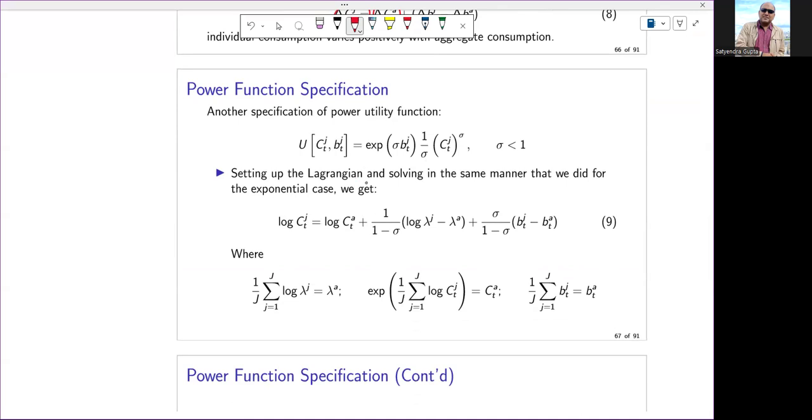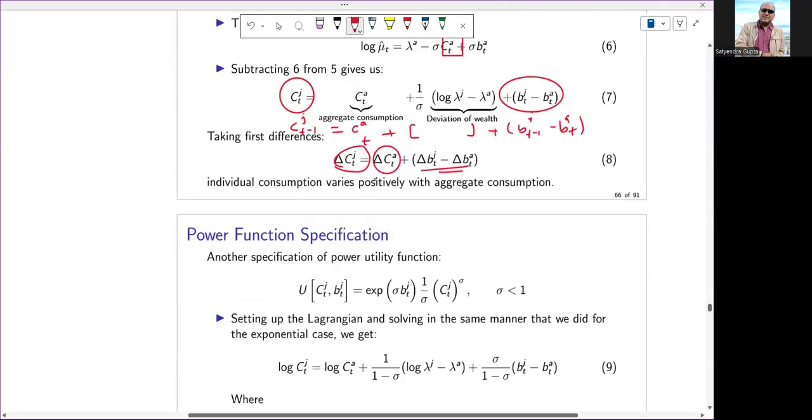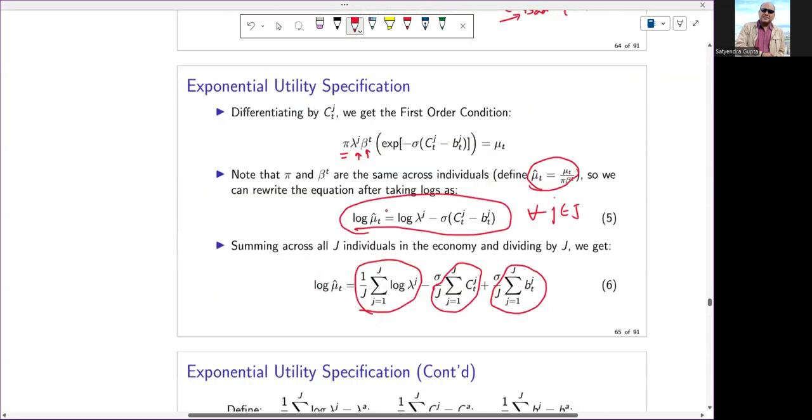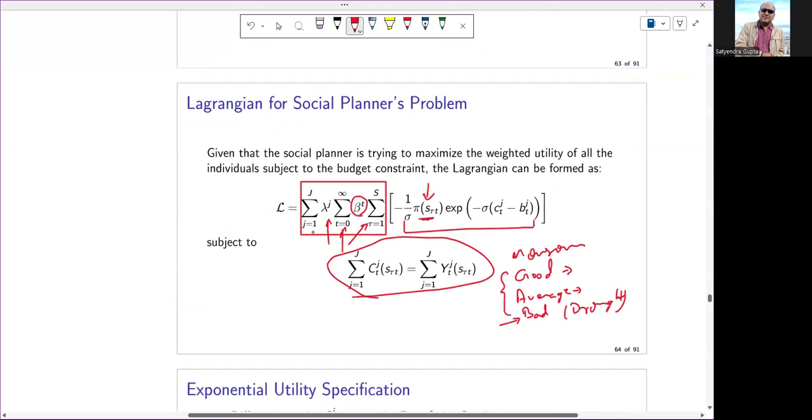We'll get a very similar equation to this one in the growth form, but with similar meaning. So we are going to do similar things. You have the utility function for individual j. Then, as we did earlier, write the Lagrangian with the new utility function. Just change the utility function over here.